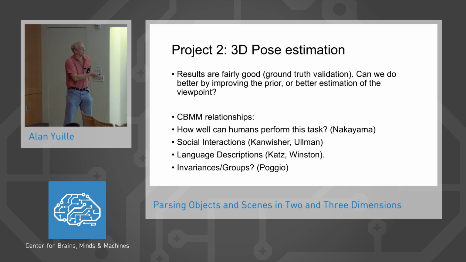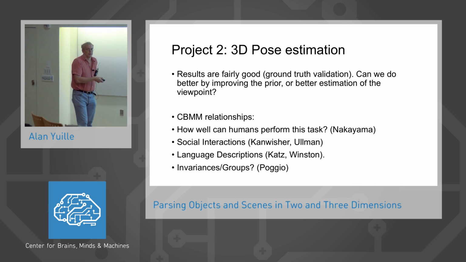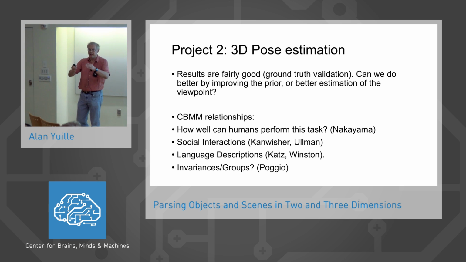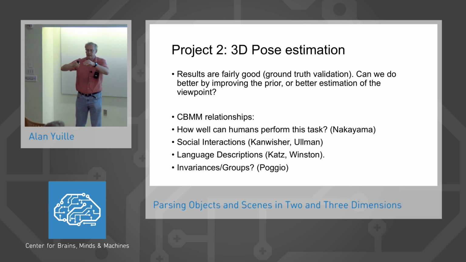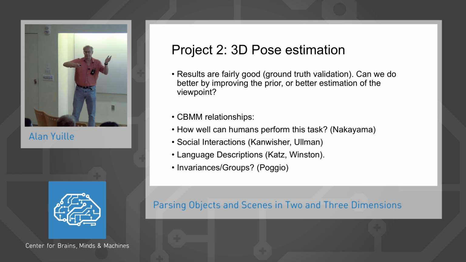And again, making connections to Tommy Poggio's work, he has worked on recognizing objects under certain types of invariances and certain types of group transformations. You could argue that the 3D configurations of a human pose could essentially be described by groups of transformations, though we haven't done that directly.